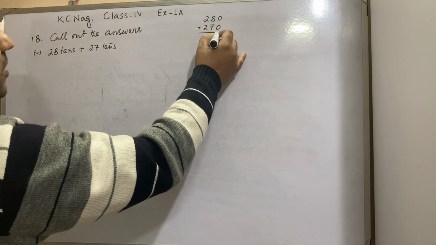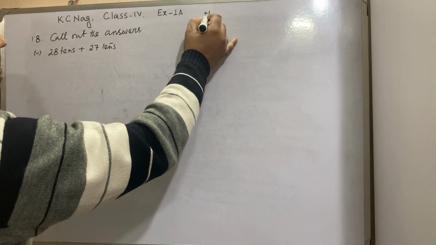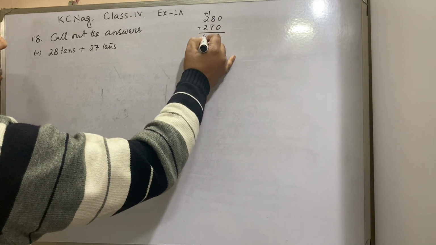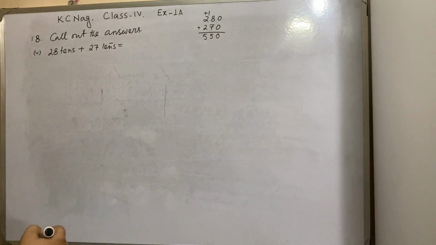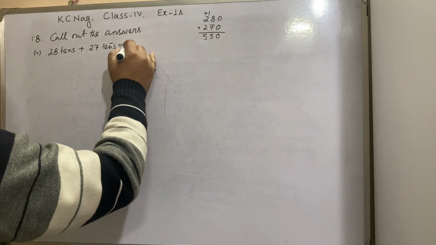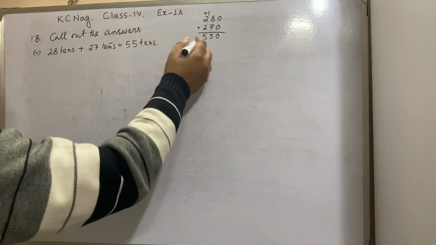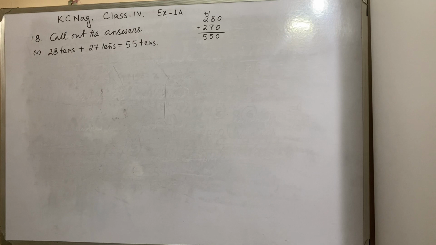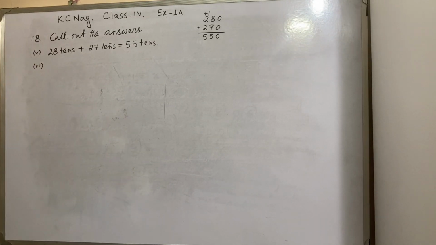So 0 plus 0, 8 plus 7, 15, carry over 1, 2 plus 1, 3 plus 2, 5. So it is 550, that means 55 tens, or you can write 550.